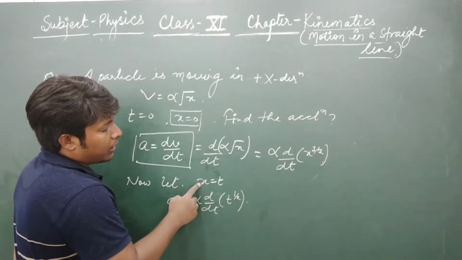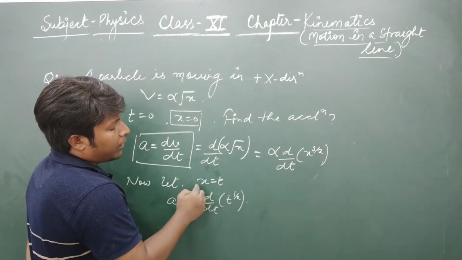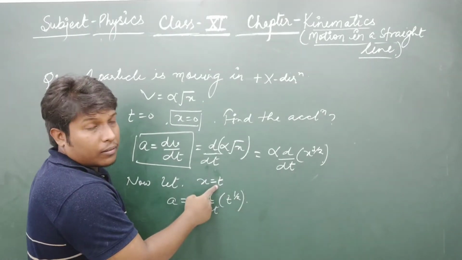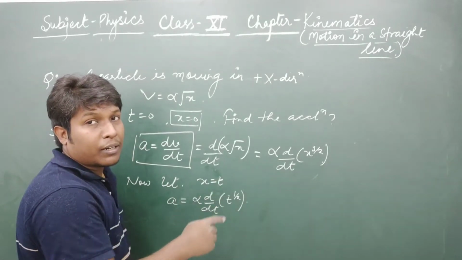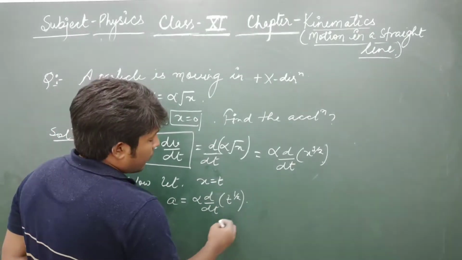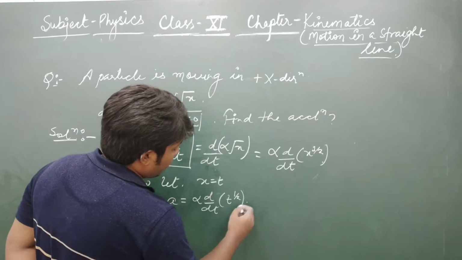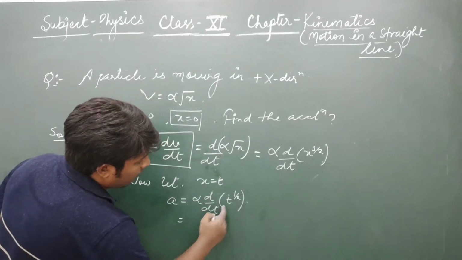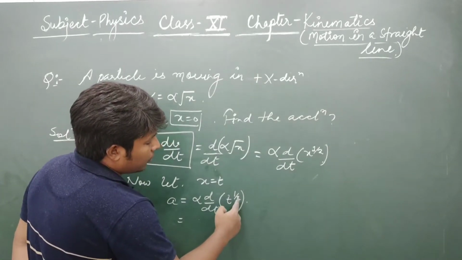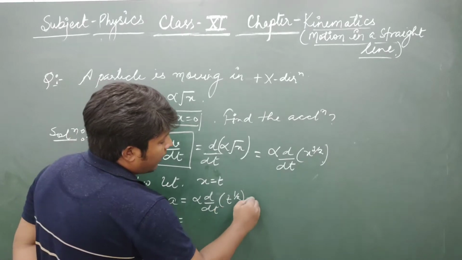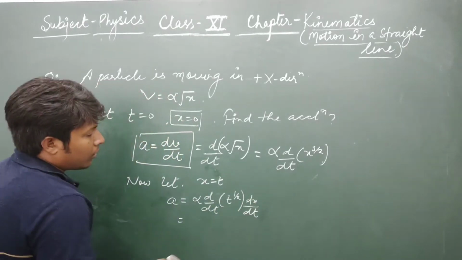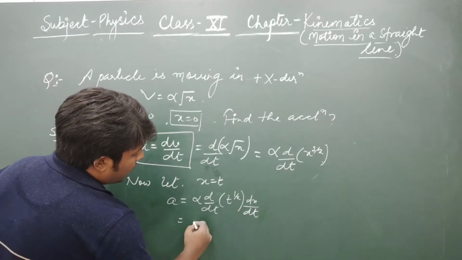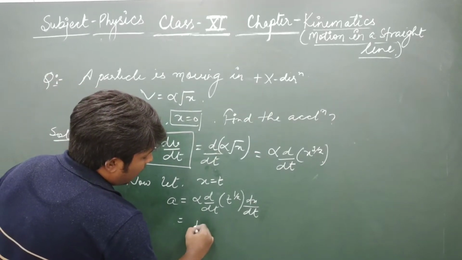If you differentiate here, dx is equal to dt, or dx by dt will be 1 here. So it will be t raised to the power half, into dx by dt.